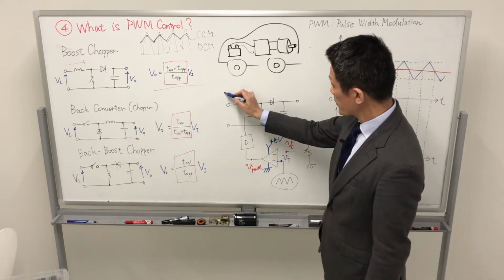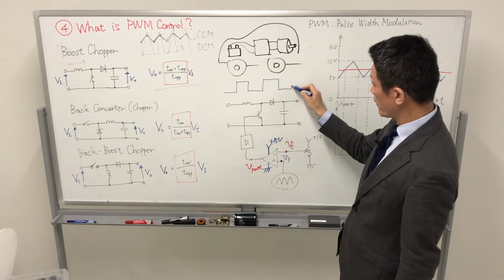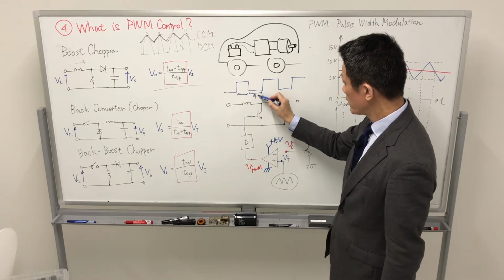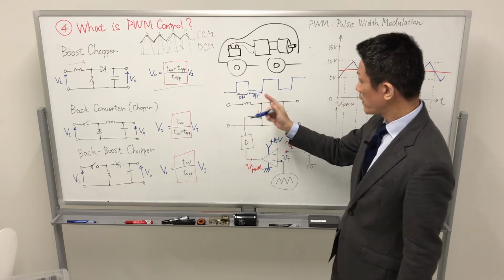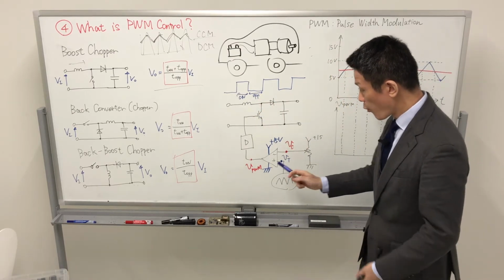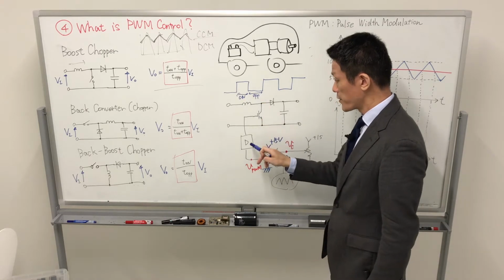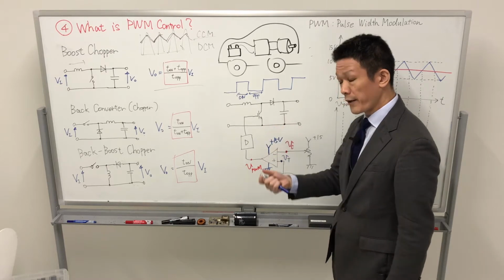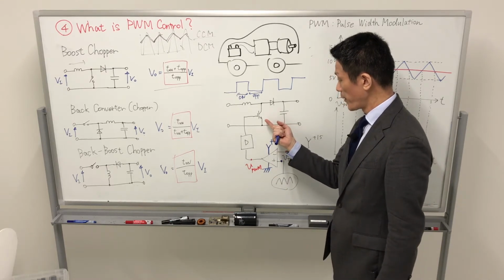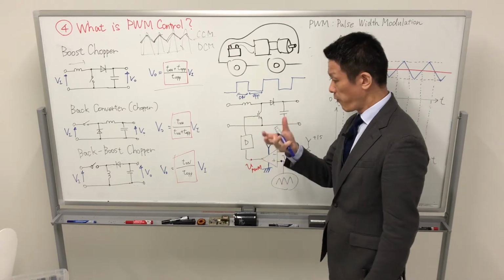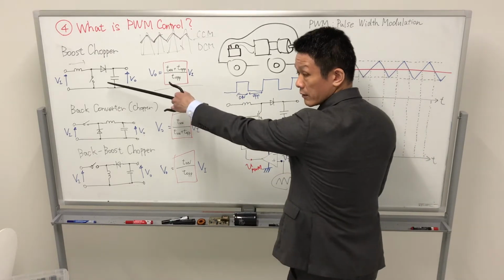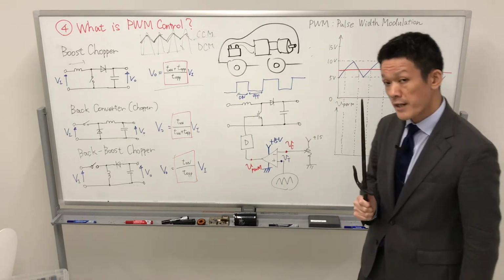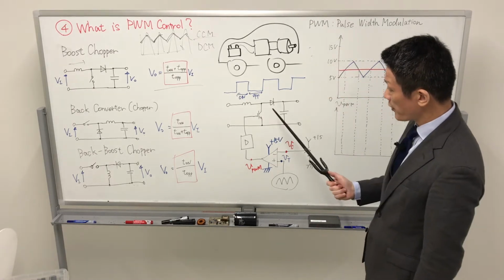The signal is like this, for example, turn on, turn off, turn on. If we supply this signal through the gate drive circuit, we can operate this power semiconductor device as a switch. So we require this shaped voltage signal. How to generate this signal?